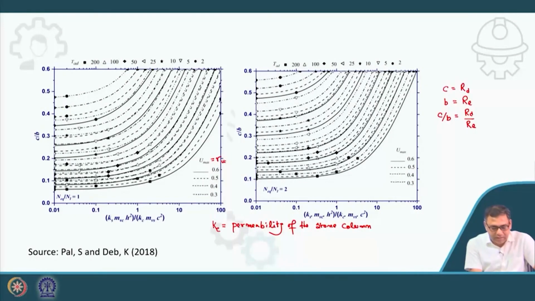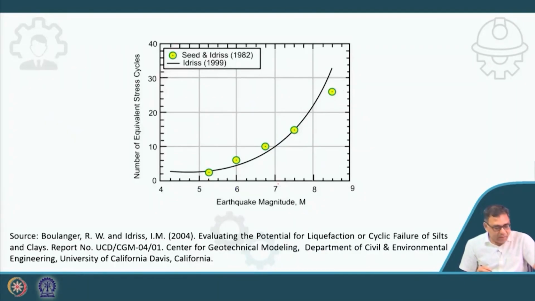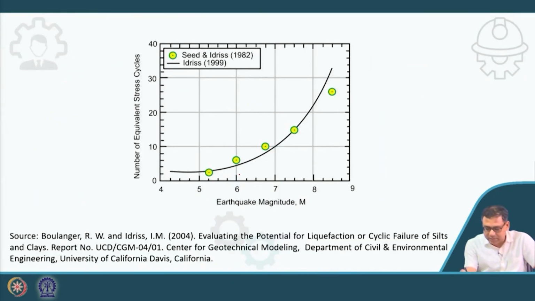The first one is N EQ by NL equal to 1, next is 2, then N equivalent by NL equal to 3, then 4. Clear? Now I will discuss this equivalent. For the magnitude M you will get the number of equivalent stress cycles.